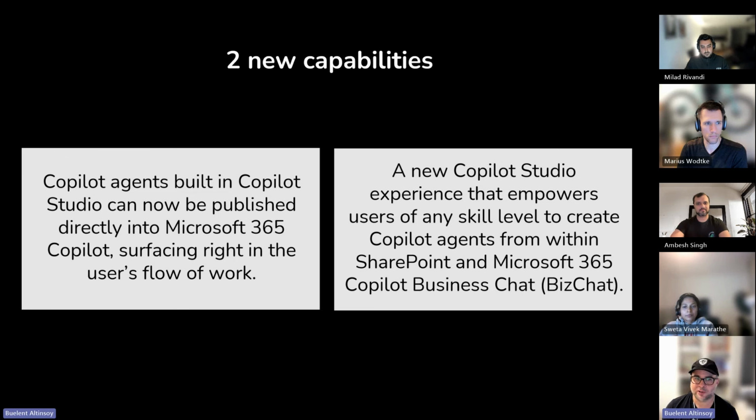You don't need to go additionally to Copilot Studio, build the bot there, publish from there, come back, etc. We see that approach in different areas of Microsoft, for example in Copilot for Sales, where you work as a sales representative in Outlook or in Teams, and you don't really go into the Dynamics application. The Dynamics application comes to you.